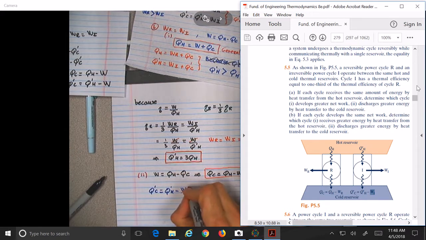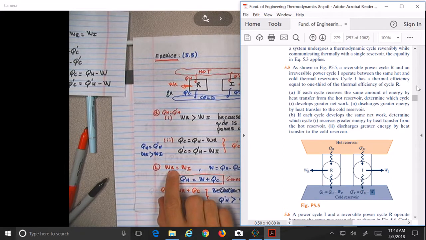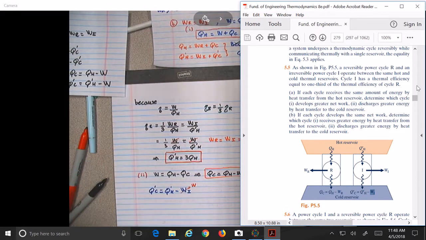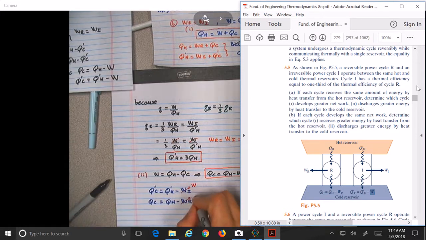We know this is equal to W, no? Because in all these parts, what do we have? Work reversible equal to the irreversible. And if we do the same thing for the other one, we have Q sub C equal to QH minus work reversible, which is this one.